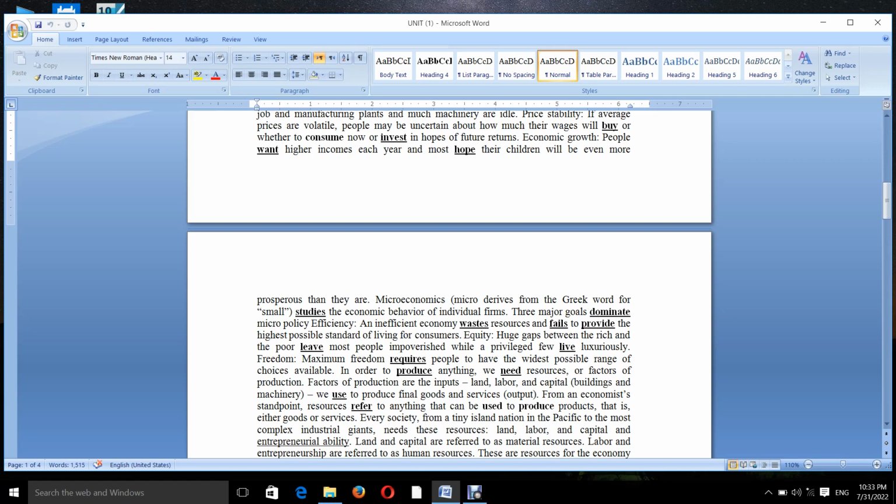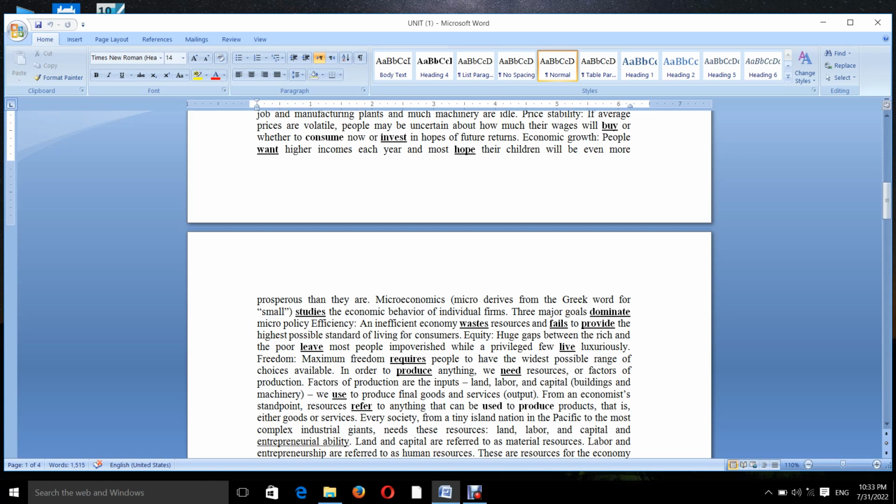Equity. Huge gaps between the rich and the poor leave most people impoverished, while a privileged few live luxuriously. Freedom. Maximum freedom requires people to have the widest possible range of choices available.